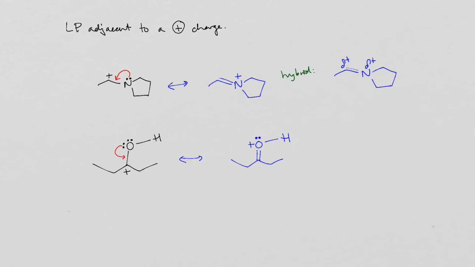So if we have a pi bond between two atoms of differing electronegativity, we're going to start with a double bond and end up getting rid of that. In this previous scenario, we started with no double bond and ended with a double bond.